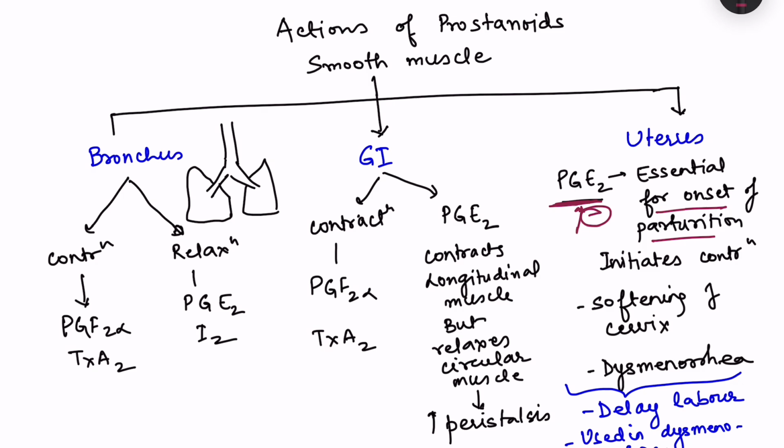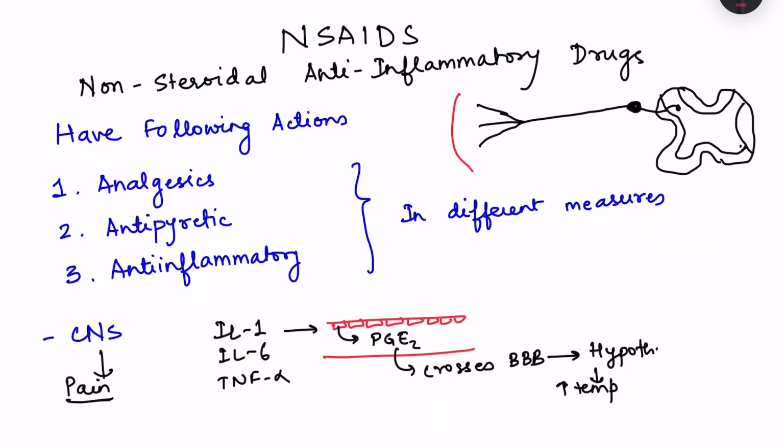In fact, when these NSAIDs are given in pregnancy near the term, then they will delay the parturition. And also prostaglandin is responsible for dysmenorrhea, that is pain during menstruation, because this prostaglandin is produced during menstruation and this is responsible for the pain. So NSAIDs can be used as a treatment for dysmenorrhea.